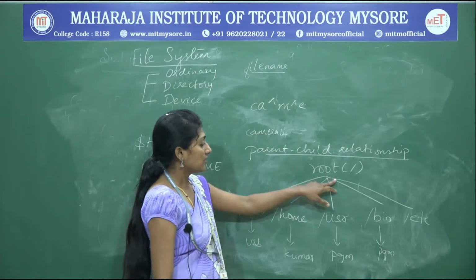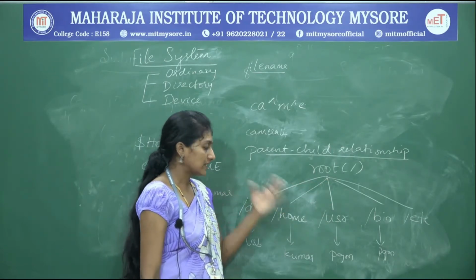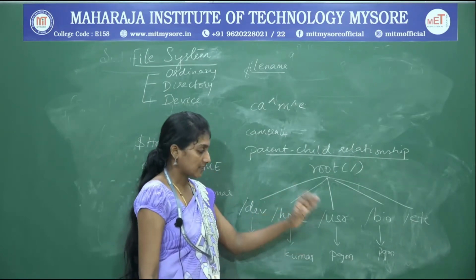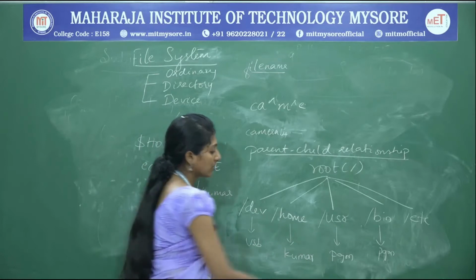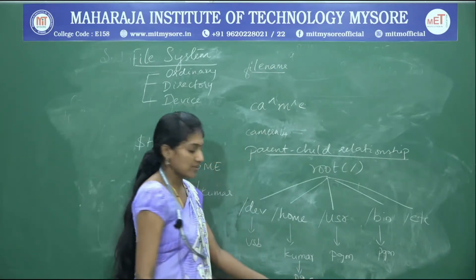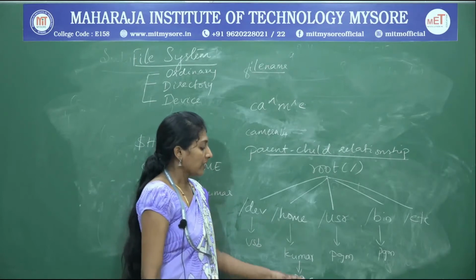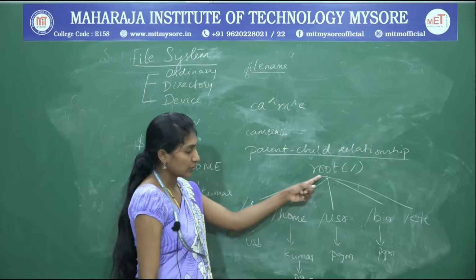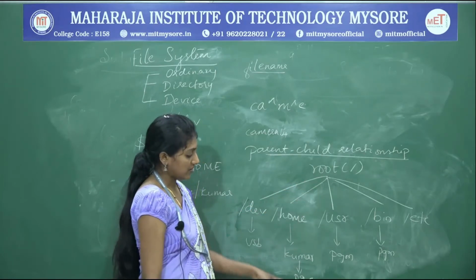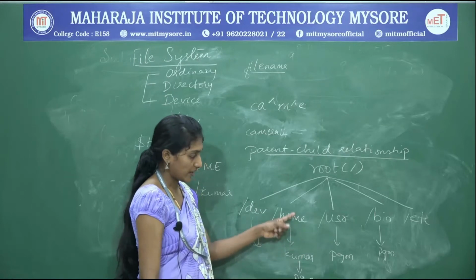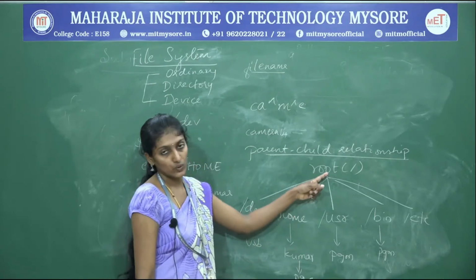Each and every file, whether it is a device file, an ordinary file like a .c file, or a directory file, is placed under the root directory in a hierarchical structure. So pg.c is under the Kumar directory, Kumar is under the home directory, and home is under the root directory.